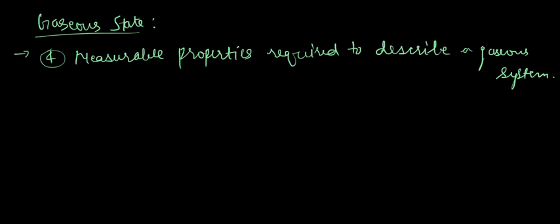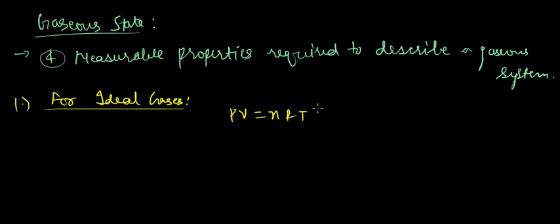So first let's define those for an ideal gas. For ideal gases we have already seen the equation PV equals nRT. The four measurable properties are pressure, volume, number of moles, and temperature.